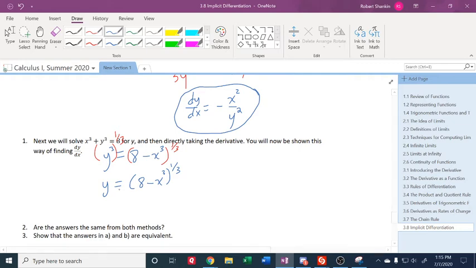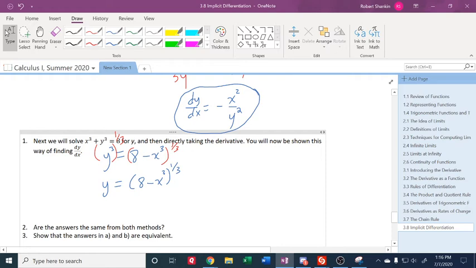Because when you want to take its derivative, it's a lot easier if it's in this format. Okay. Now this is the same function as x cubed plus y cubed equals 8. It's just rewritten so that it's solved for y. So we turned an implicitly defined function into an explicitly defined function.